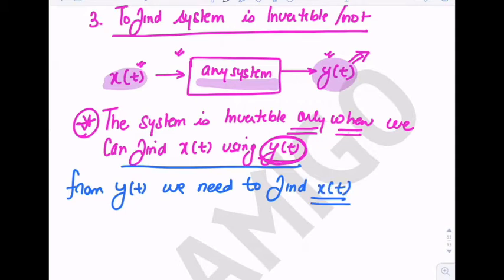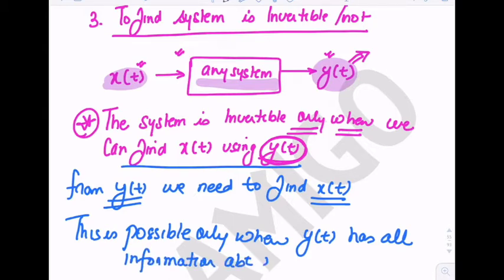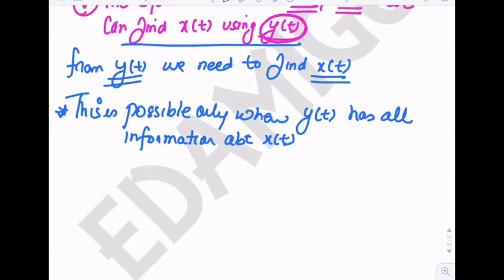Now this is possible only when y(t) has all information about x(t). Okay, this is very important. This statement is very important, that y(t) must have all information about x(t).